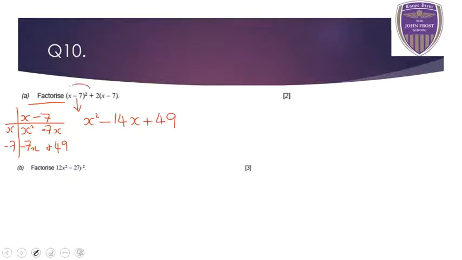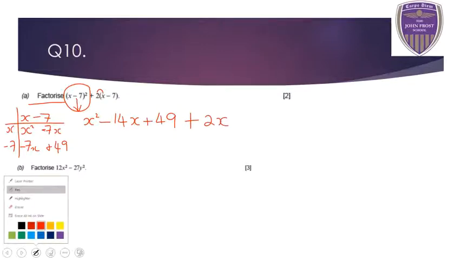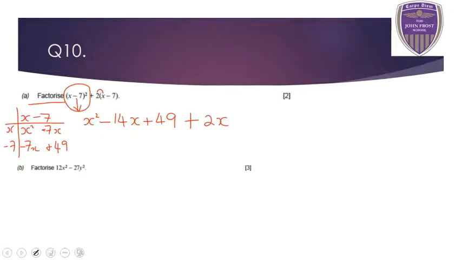Okay, so that's just for the first part. Then we've got to add on for the second bracket, 2 times x is 2x. And then be careful of the next bit, because you've got the plus and the minus. So that's going to end up with minus 14. Okay, so you've simplified it all.